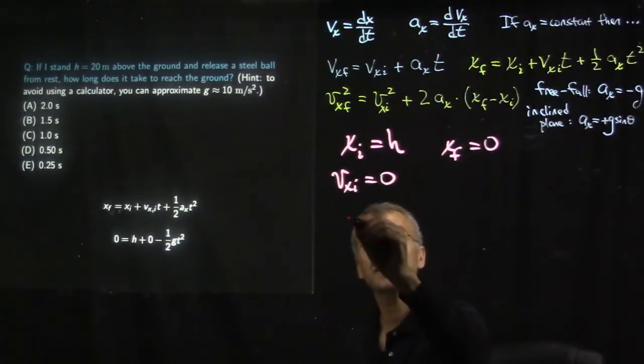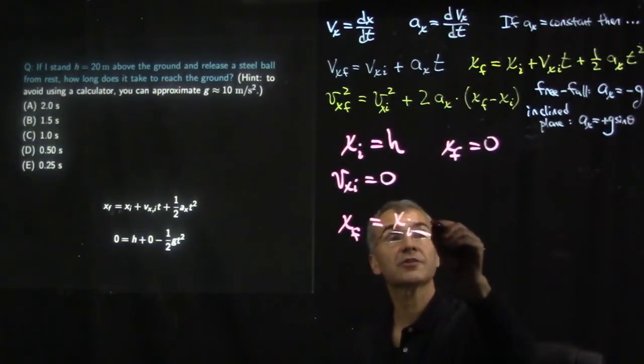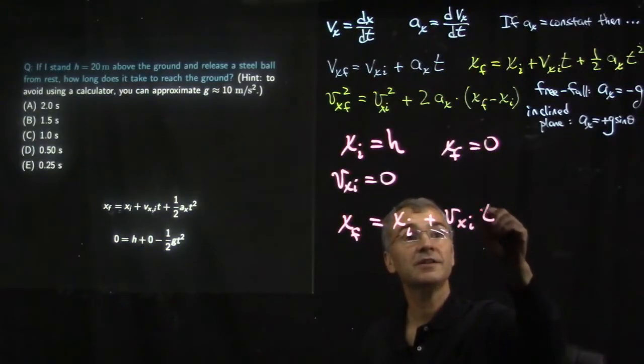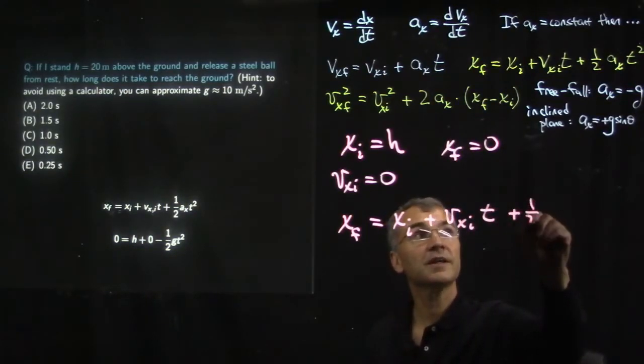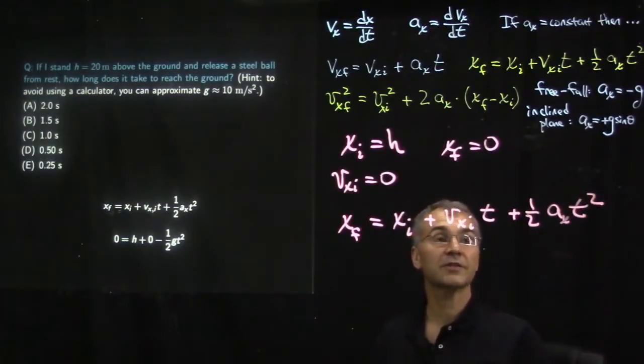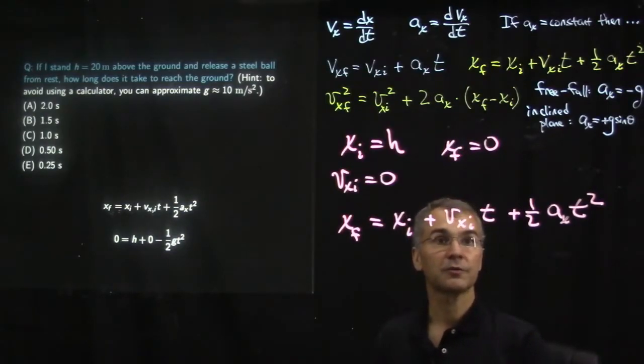So we'll say x final is x initial plus Vx initial t plus 1/2 a t squared.